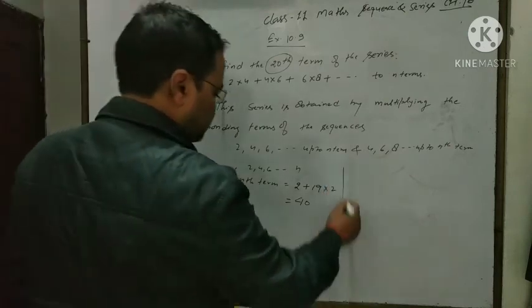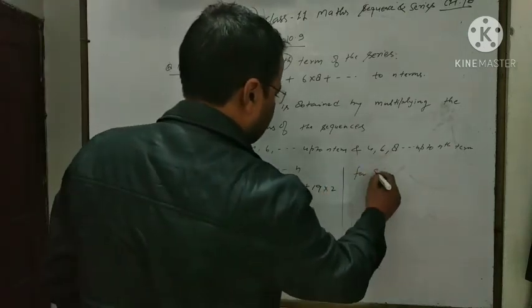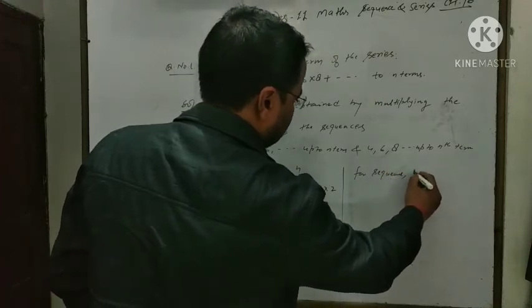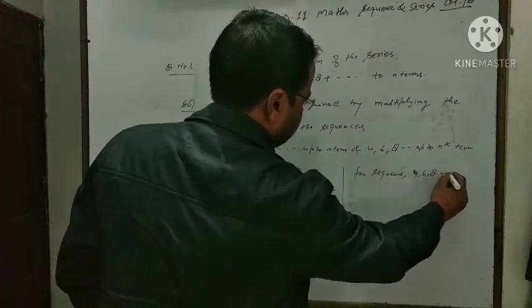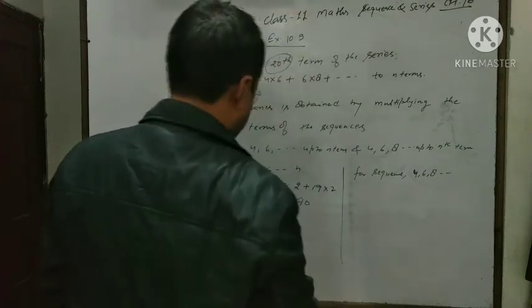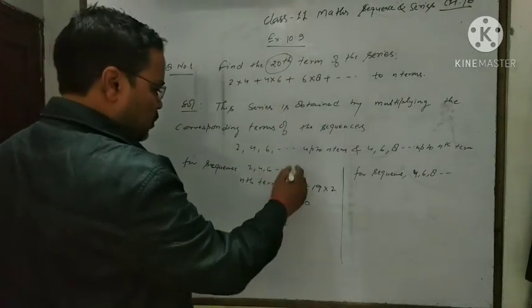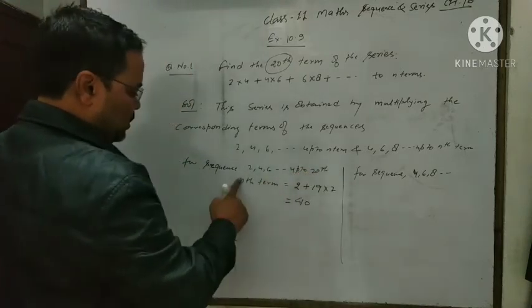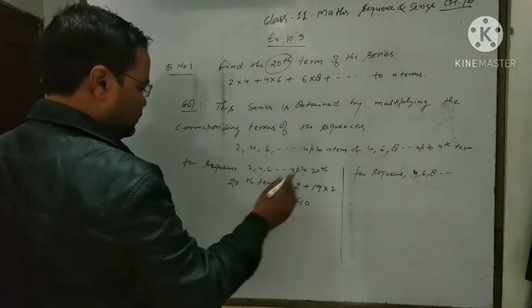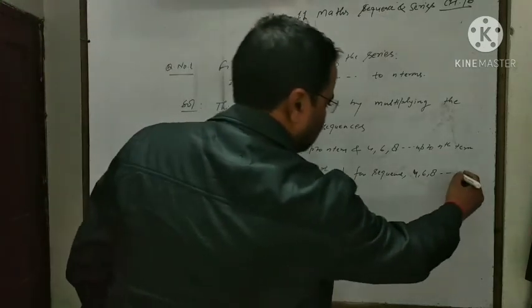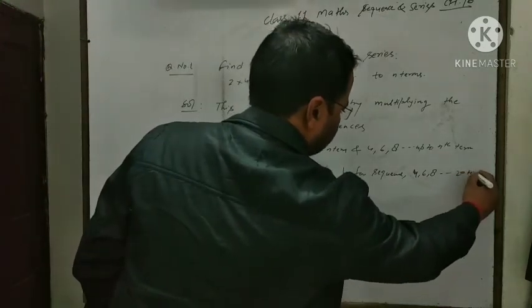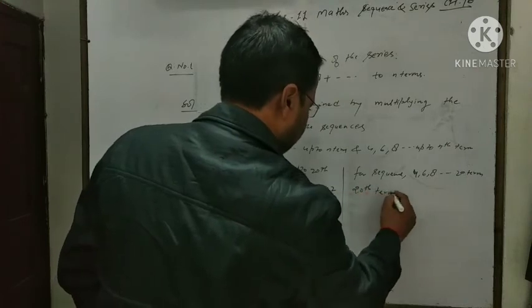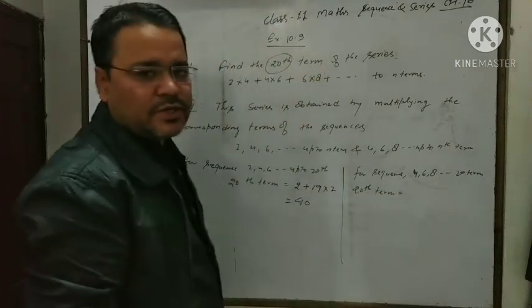Now, for the sequence 4, 6, 8 up to 20 terms, the 20th term is equal to a plus n minus 1 into d.